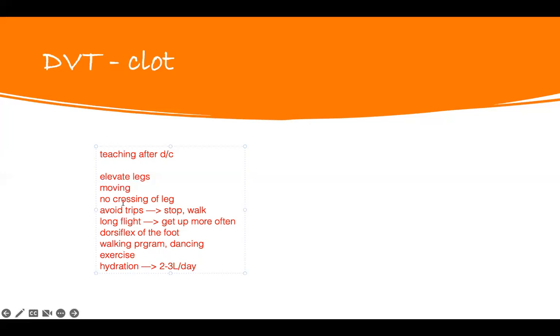And this is your SATA right there, teaching after teaching at discharge. Before discharge, this is what you teach them to prevent blood clot in the future, and that's very, very important for the nurse and the patient together.